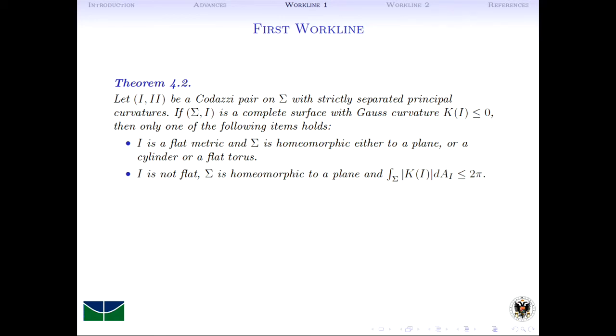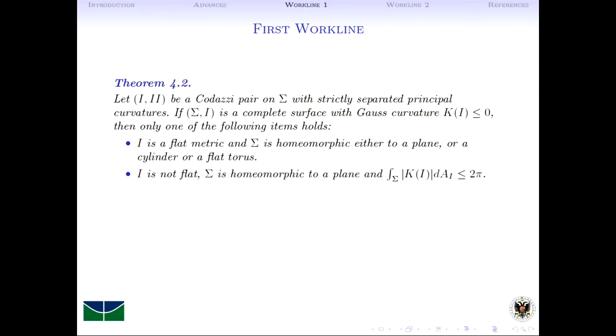In the first place, I is flat, and the surface is homeomorphic either to a plane, a cylinder, or a flat torus. In the second, I is not flat, the surface is homeomorphic to a plane, and has bounded total curvature.